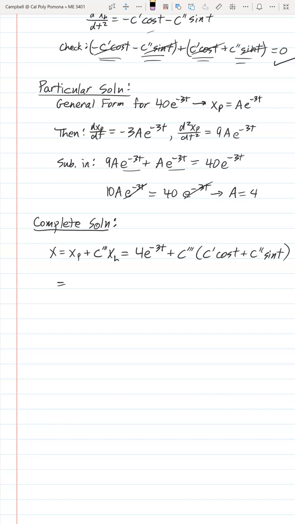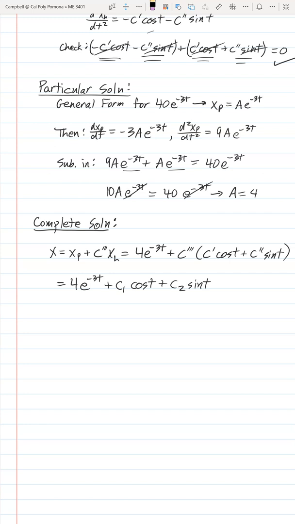Again, as I indicated in an earlier lecture, I usually use these primes for just kind of stand-in constants. And then once we get to the final constants we want to deal with, I usually put number subscripts on those. So let's go ahead and do that. So then we just get a C1 times cosine t plus C2 times sine t.